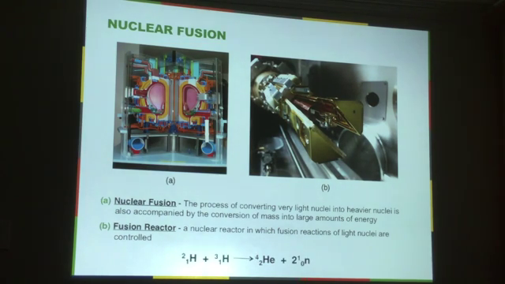And here's an example of the reaction. You have two isotopes of hydrogen which are combined together to produce normal helium and neutrons. And this is the other major advantage of a fusion reaction, if we could do it at standard types of conditions: the byproducts of the reaction are something normal that could escape into the atmosphere and not be a pollutant, whereas the byproducts of fission reactions are in and of themselves nuclear contaminants and have to be buried or stored in some protective way.